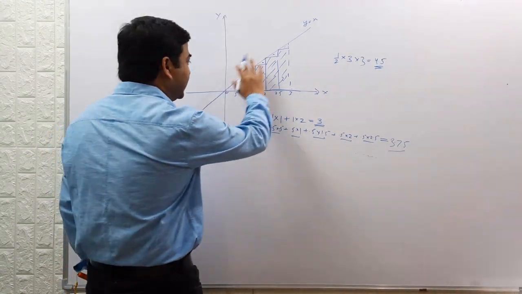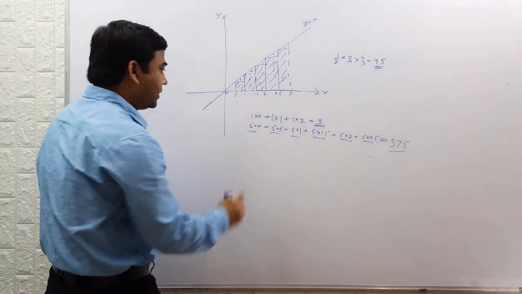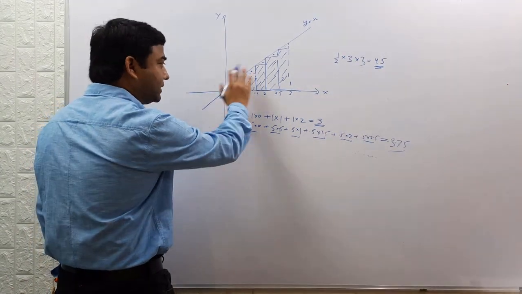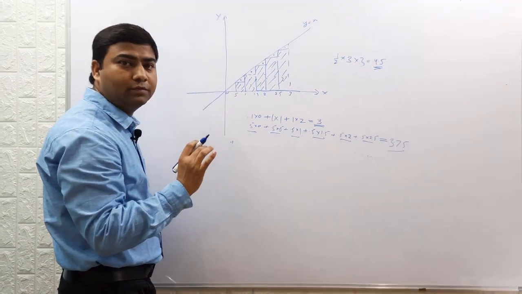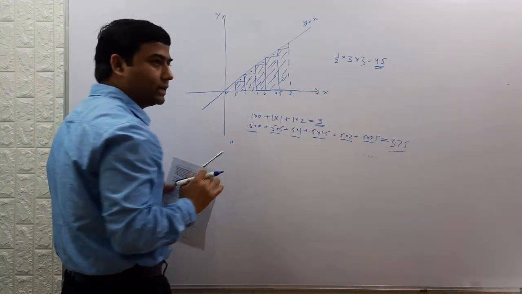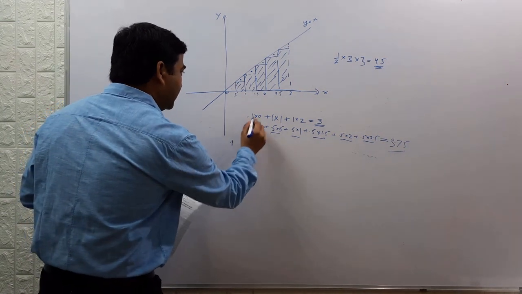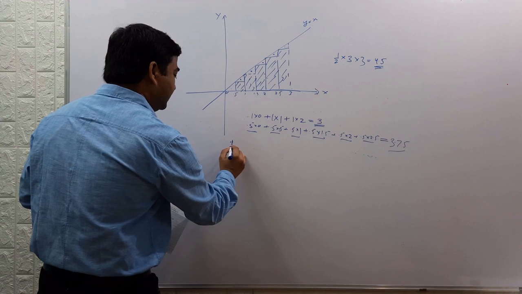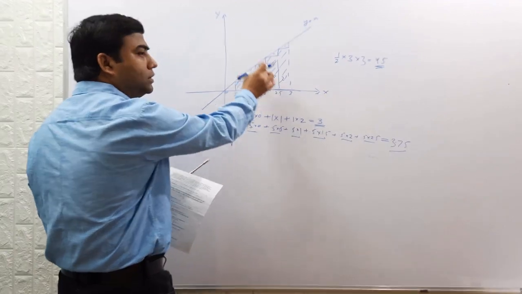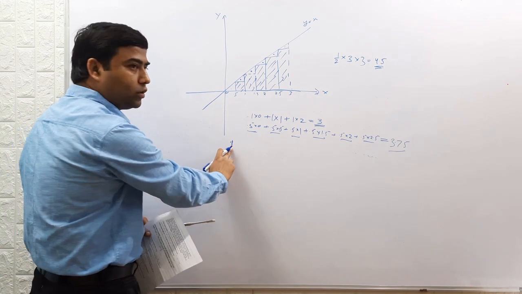Lastly, let us divide this area again into rectangles of 0.1 unit width, and then calculate the area. I will not draw that many rectangles, I will just calculate the area. When we divide with 0.1, we will have 30 small thin rectangles, with base 0.1.